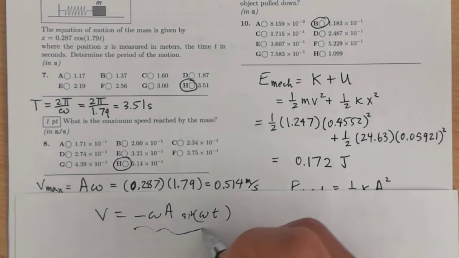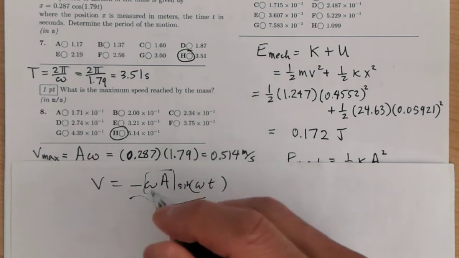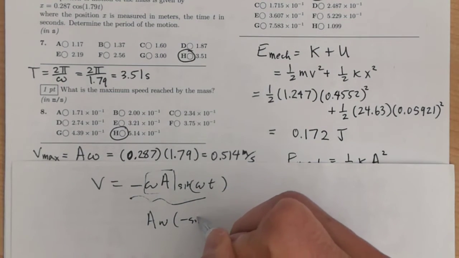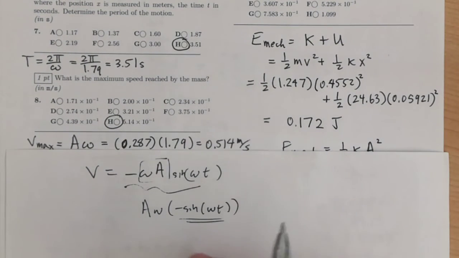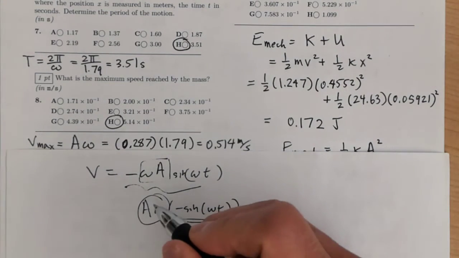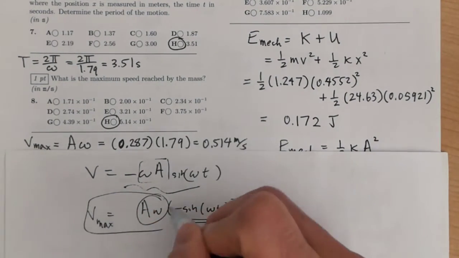The maximum possible value this can have is, pull out this factor here. The largest possible value of the minus times minus sine of omega t is 1. So the biggest that v can be, in other words, v max, must be equal to A omega.